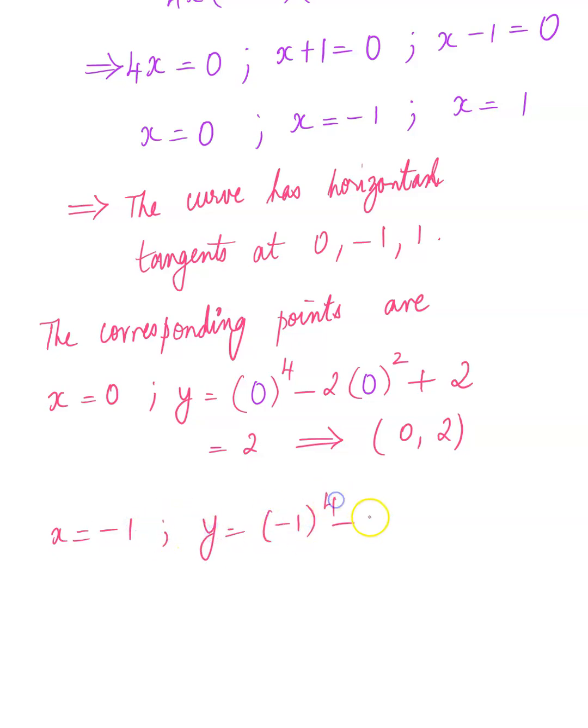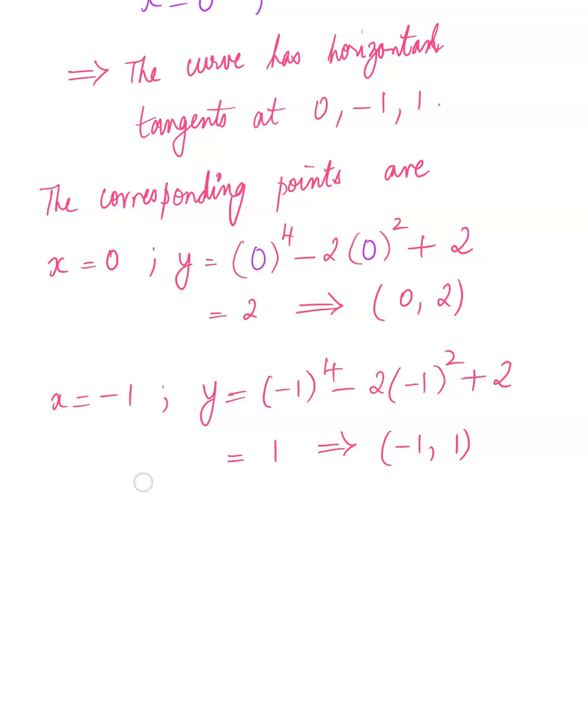Negative 1 power 4 minus 2 times negative 1 squared plus 2, which comes out to be 1. Therefore, the coordinate is negative 1, 1. And then x equals 1. Because the powers were even, it comes out as 1, 1.